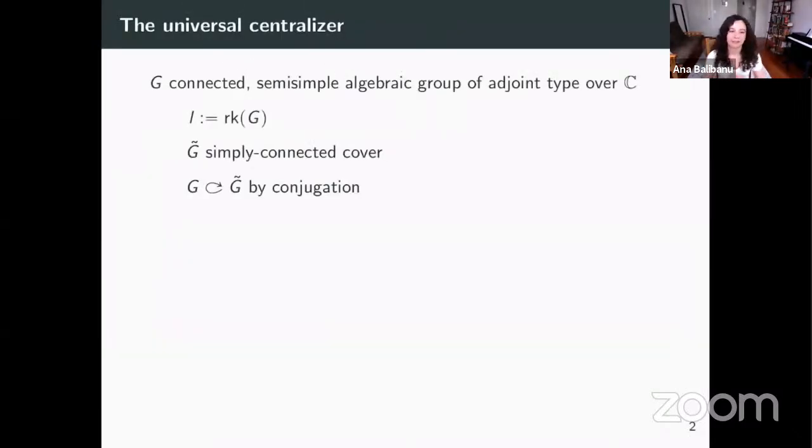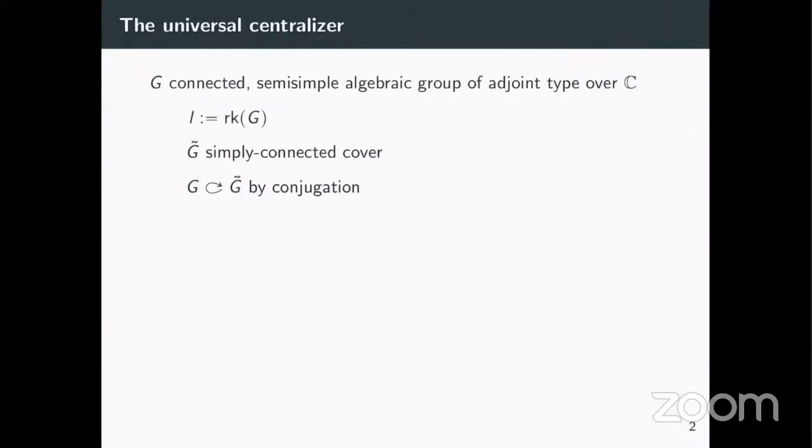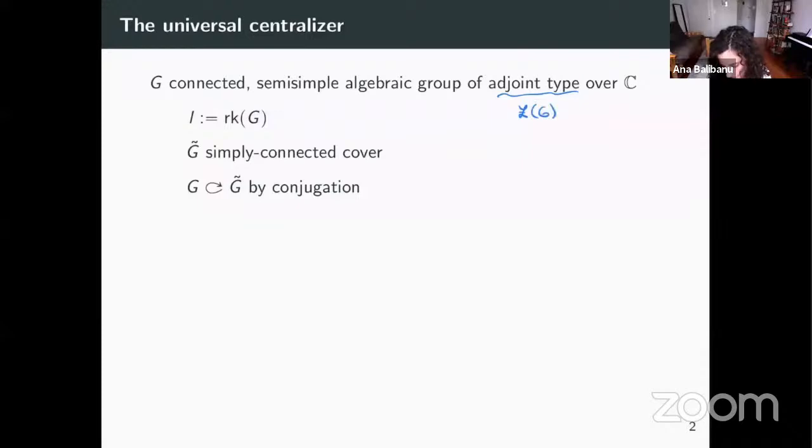So I want to begin with the basic data of this talk. We start with the group G, and it's connected semi-simple over the complex numbers. And I require G to be of adjoint type, which means that its center is trivial.